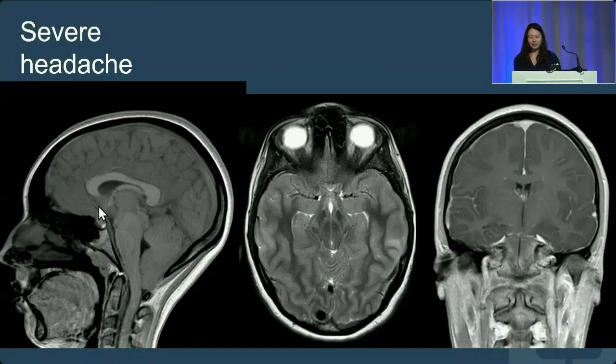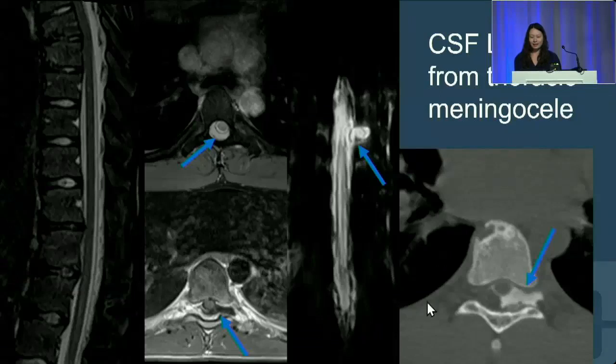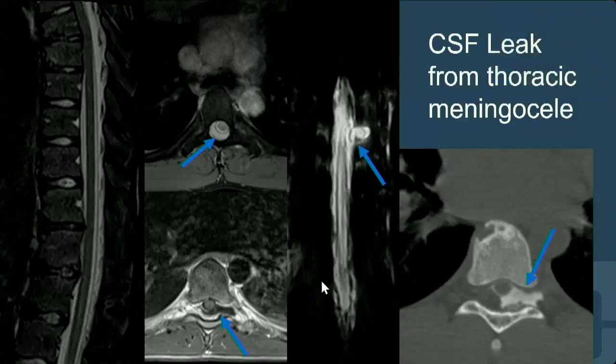Their pituitary looks like it's enlarged, and they have this diffuse pachymeningeal enhancement. So this patient has classic imaging findings of intracranial hypotension. In this case, we did a fluid-sensitive CSF myelogram, and we could see that there was CSF leak from a thoracic meningocele.